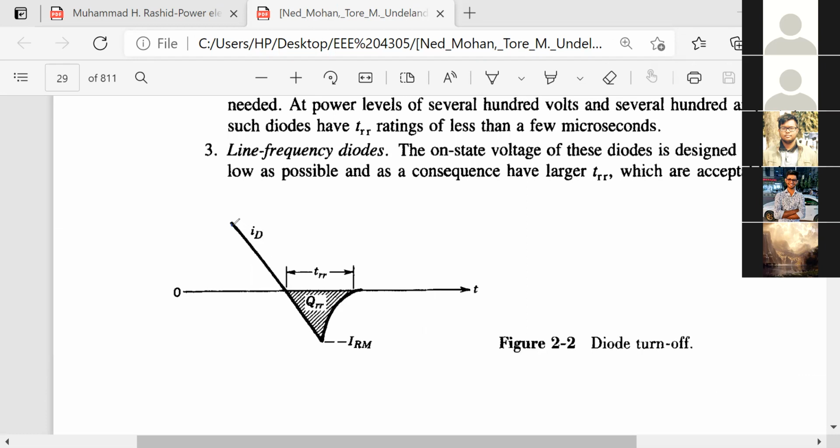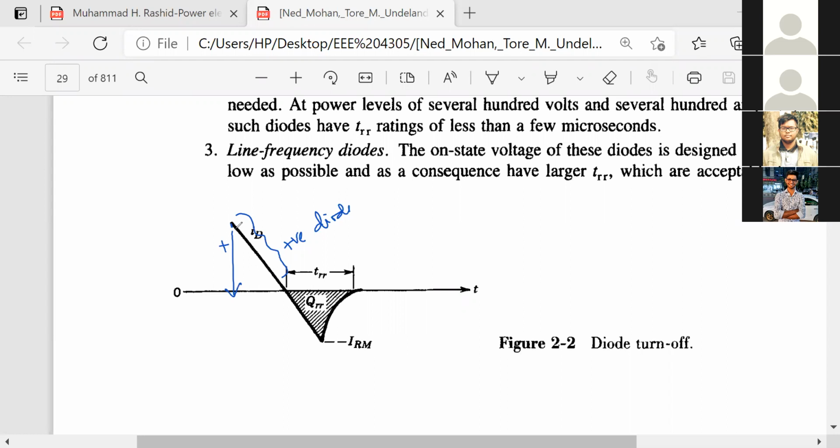If you look here, the diode current is now positive. This is the positive diode current, right? We turn it off by removing the forward bias signal, but then the current does not go to 0 immediately right here. If it went to 0 immediately, we would be very happy. But there are some carriers inside the diode material that will not allow the current to become 0 immediately, rather it takes some time.